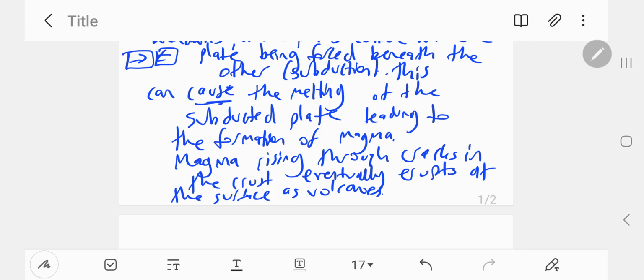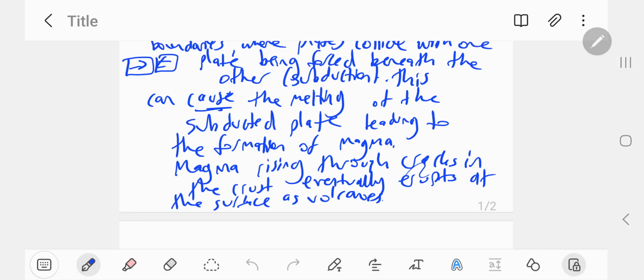Typically wouldn't be necessary, but it's nice to mention an example to show the marker that you actually know about particular volcanoes around the world, like Mount St. Helens. If I can squeeze it in here, St. Helens. That's my third mark. And you can write as a conclusion, therefore, the application of plate tectonics explains how volcanoes form. Something like that. But that's the general structure of a question involving the verb apply.